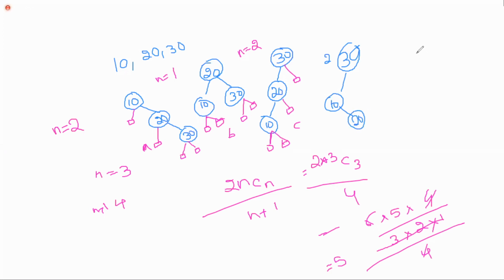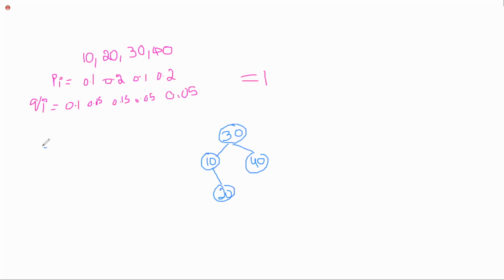Next, if you consider 10, I can draw 30 here and 20 here. This is another possibility. I told you that 5 trees are possible, and in the example I have given only 3. These are 2 more trees. 5 trees are possible for 3 nodes. For 4 nodes, it is 2n Cn divided by n plus 1.